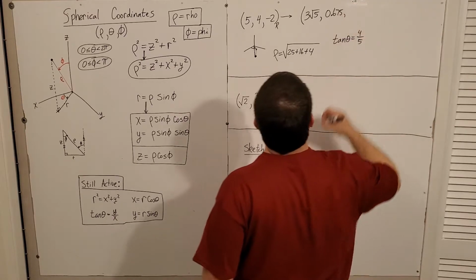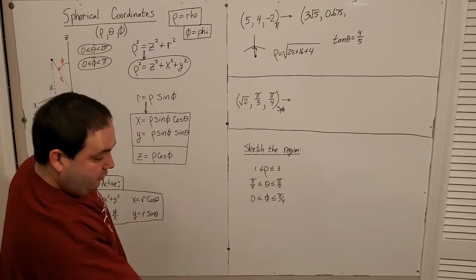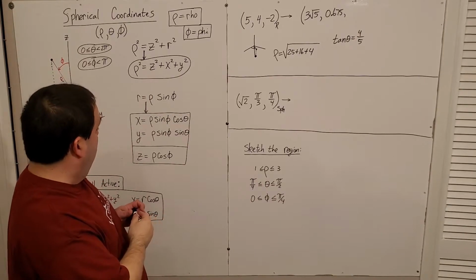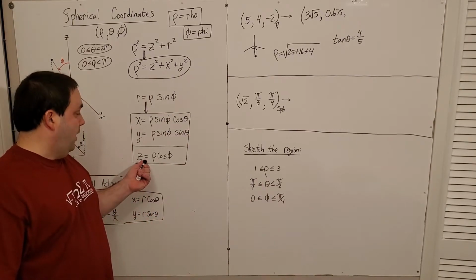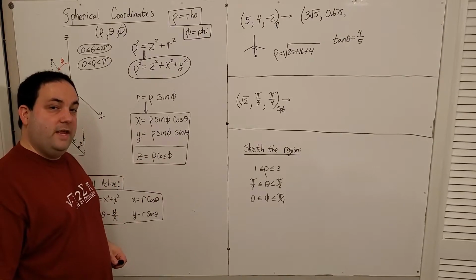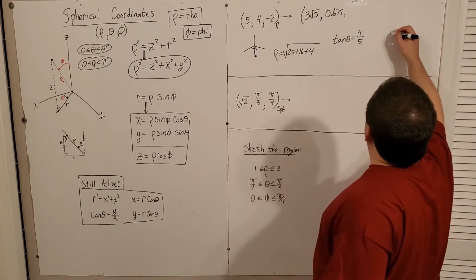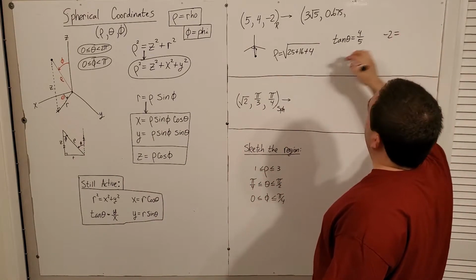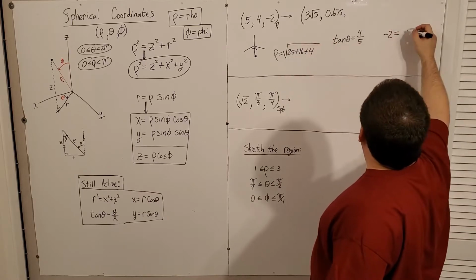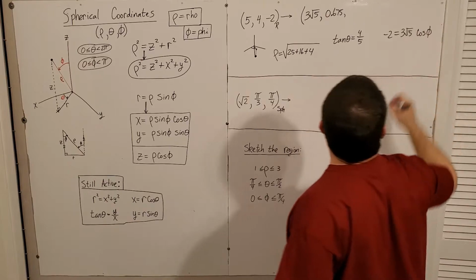Okay. And then what about the last angle, the phi? Where do I have to rotate there? Well, I'll use this right here. z is equal to rho cosine phi. So I've got negative 2 is equal to rho, which is 3 square root of 5, cosine phi.